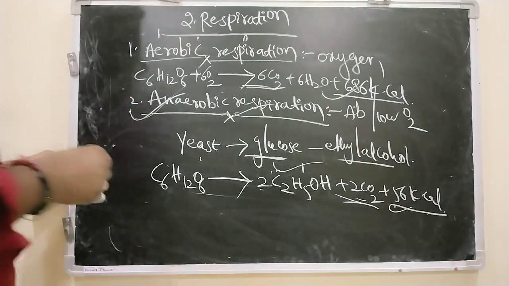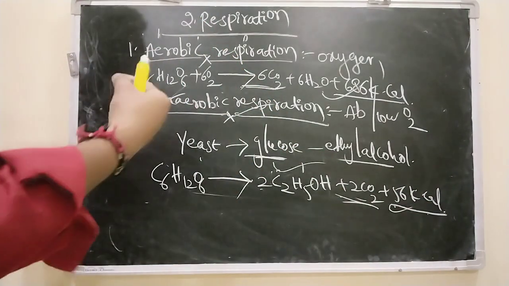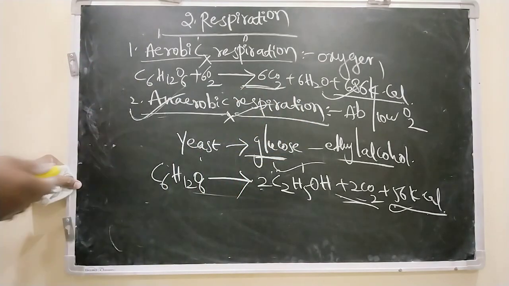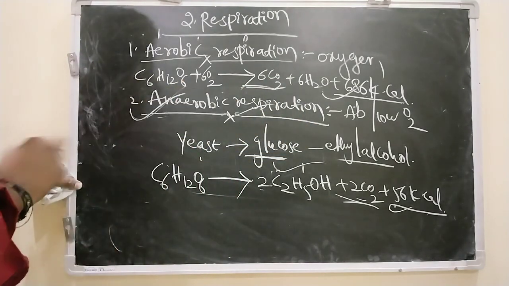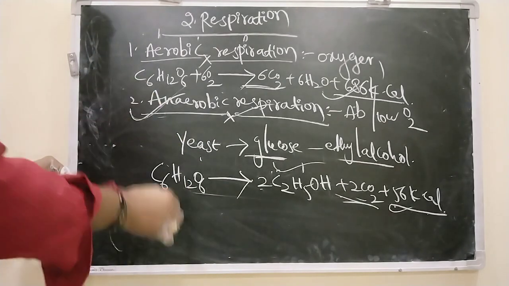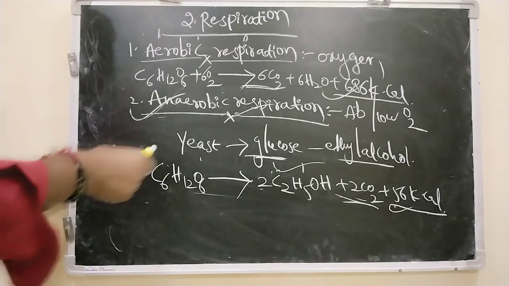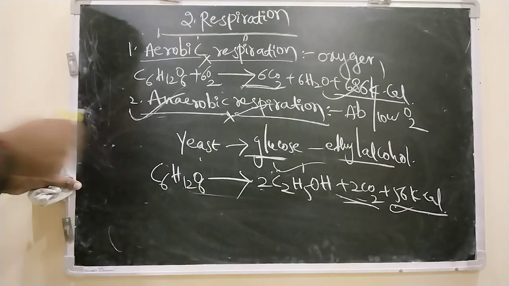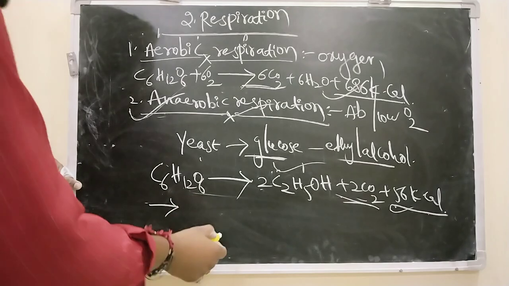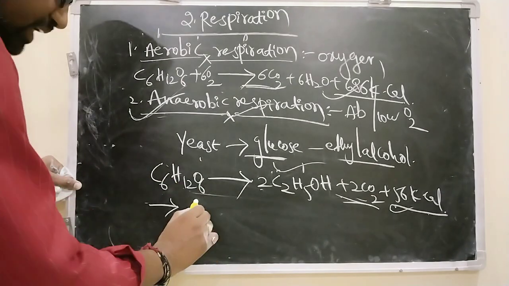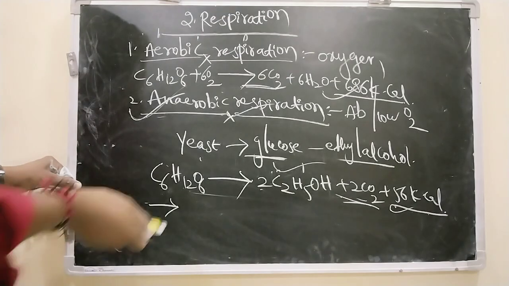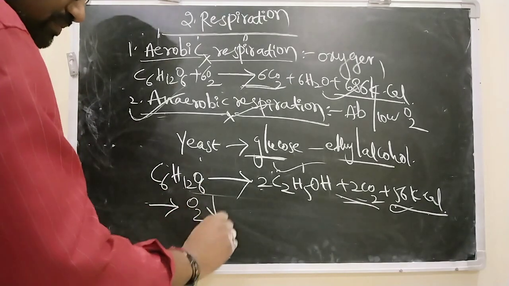respiration. What happens in our body if anaerobic respiration occurs? Generally we experience, during August 15th or January 26th, whenever we play outdoor games, we suffer with a lot of body pains for up to 2 to 3 days. The reason is, during outdoor games we are panting a lot. We need more oxygen, but the oxygen supply is short.